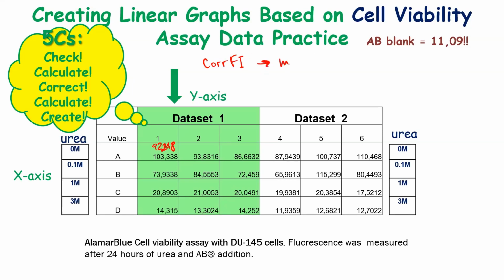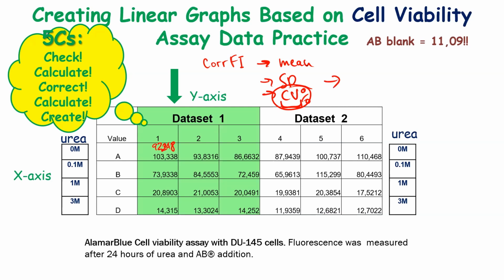Then you perform the mean calculation. After the mean, you calculate the standard deviation and the CV, coefficient of variation, in percents. You check if you have any outliers. If you don't have outliers, you just go on with the calculations.